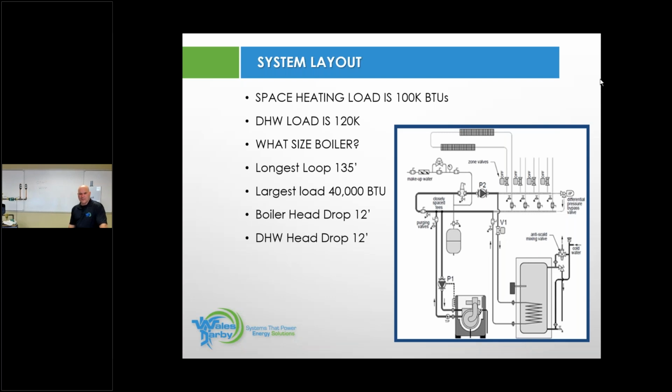We are nice enough in this example to give you the head pressure drop of the boiler at 12, and the pressure drop of the indirect at 12. So your flow rate is 12 GPM. The head pressure drop of the boiler for P1 is 12, and the head pressure drop for P2 is 12. So it's 12, 12. 12 GPM, 12 feet of head.